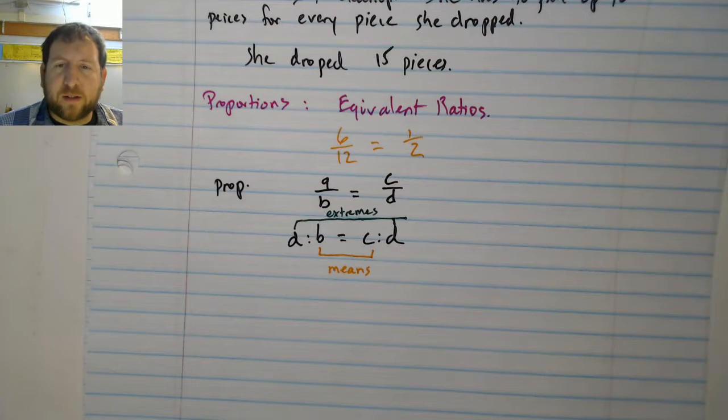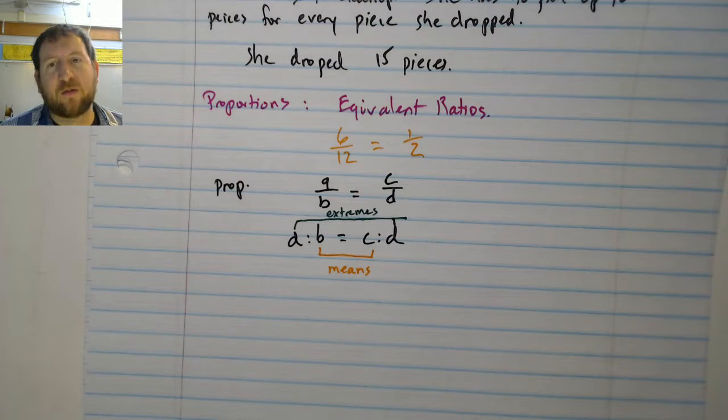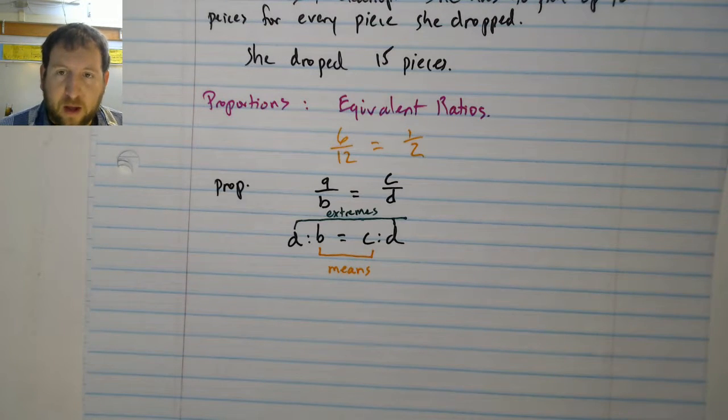And how this works is that I can multiply my means and my extremes together to create a cross product, and then it gives me a much easier opportunity to solve it. Let me show you what I mean.